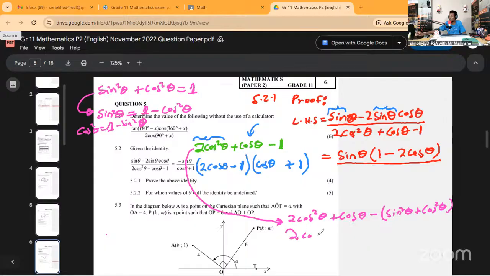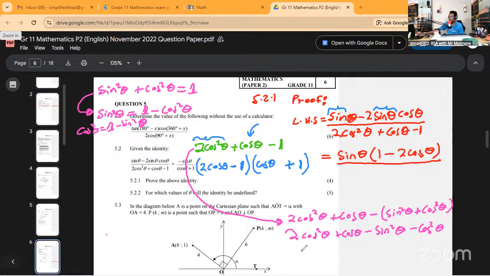And then we have 2 cos squared theta plus cos theta minus sine squared theta minus cos squared theta. And then something is going to happen there, because this and that will cancel.